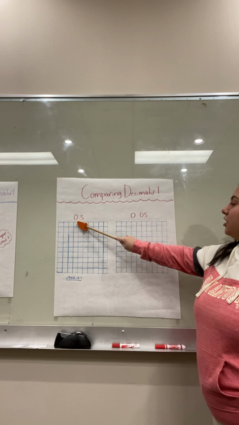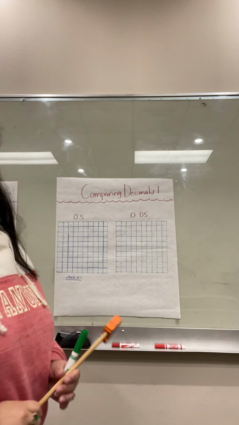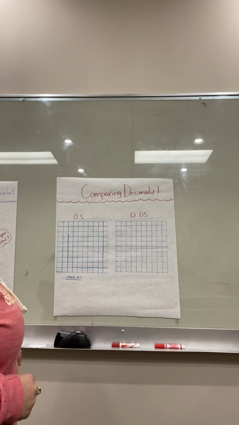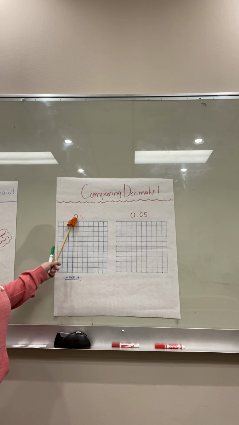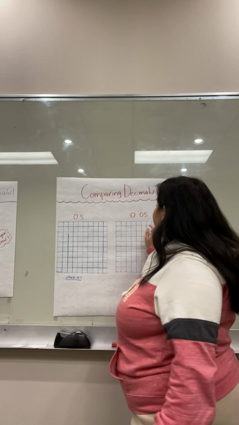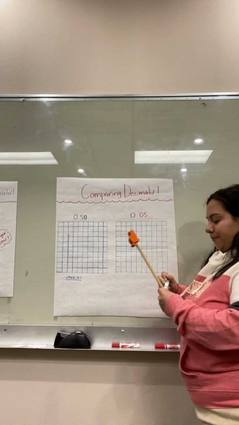But right now we want to shade in 0.5, okay? So I want us to shade in what 0.5 means. Let's go ahead and fill in our 0 first because you see how this one has 2. Let's fill it in so that we can see what we're doing, okay?